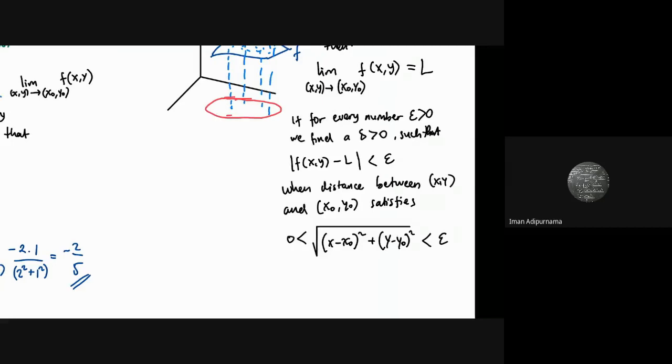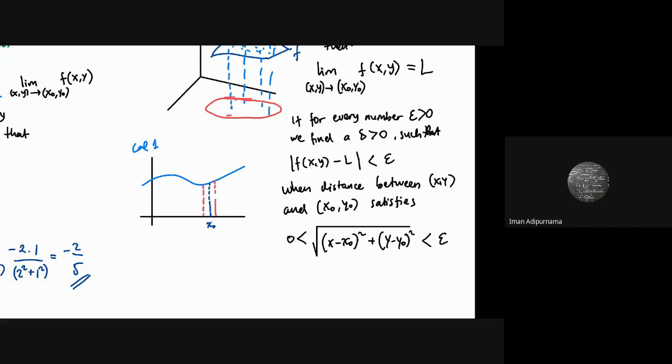So remember the epsilon-delta in calculus 1. In calculus 1, you have epsilon-delta definitions, right? In which you have a curve, and let's say this is x0. You have the delta and the epsilon.